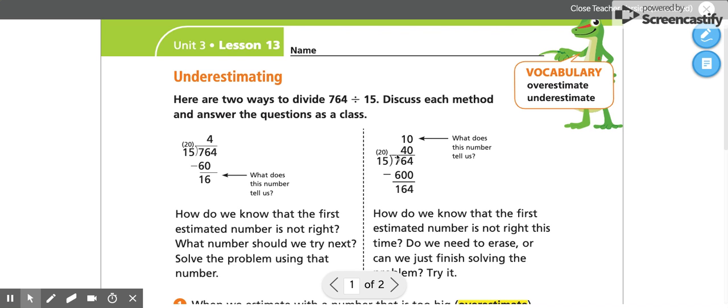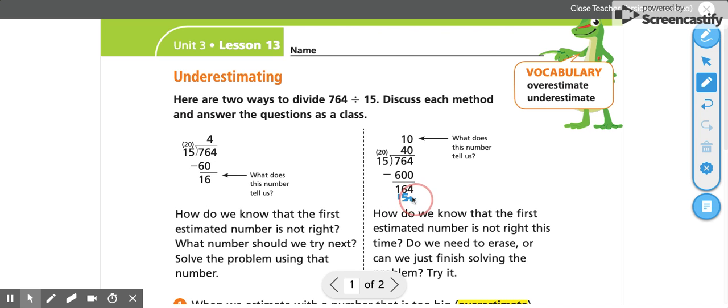Okay. So now let's go ahead and continue working on the problem. If I take 10 times 15, I would get 150. Let me get my writing tool here. I would get 150. And if I subtract those two, I would get 14. Now, I can't get any more 15s into 14, so I know that's my remainder.